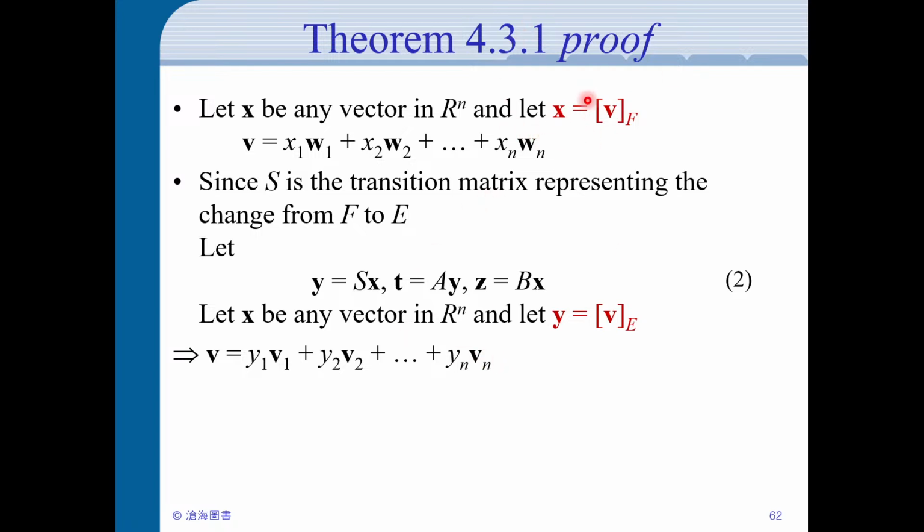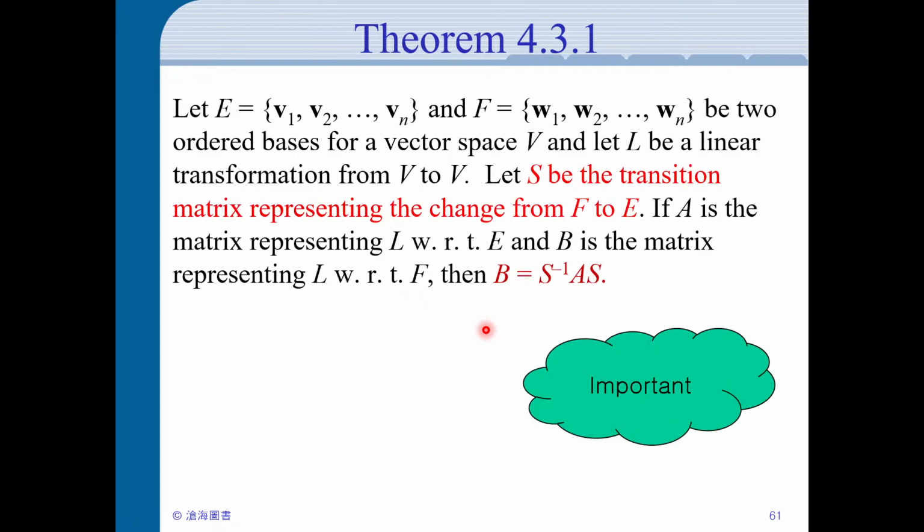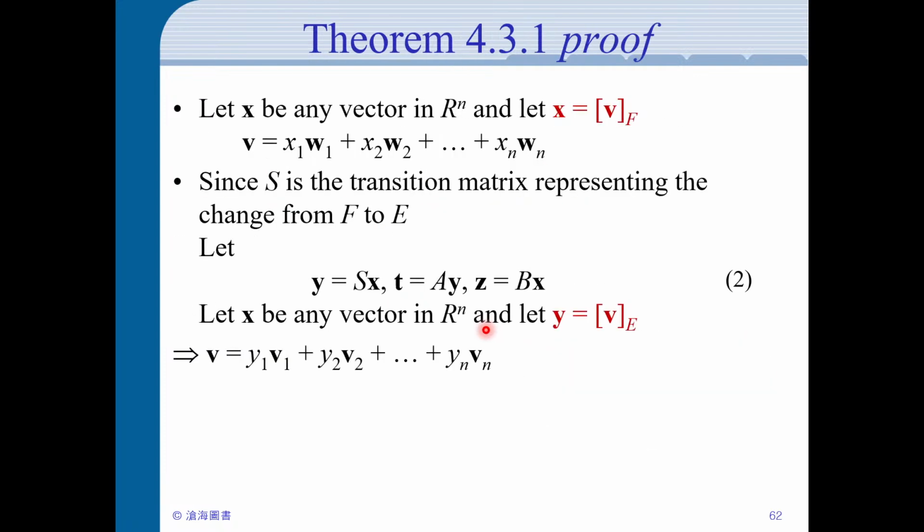So we map this back into coordinates in F, and then we apply A on Y. We do the linear transformation in terms of E, because this is how we do it. I do have B here; I think this B is a mistake here. Z equal to B of x.